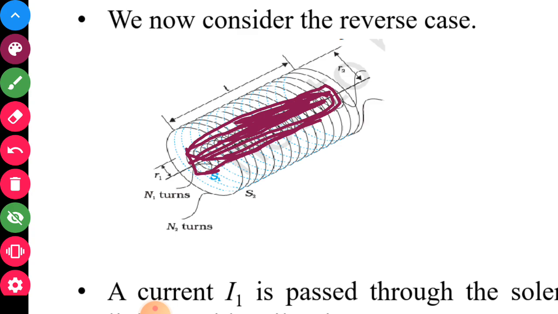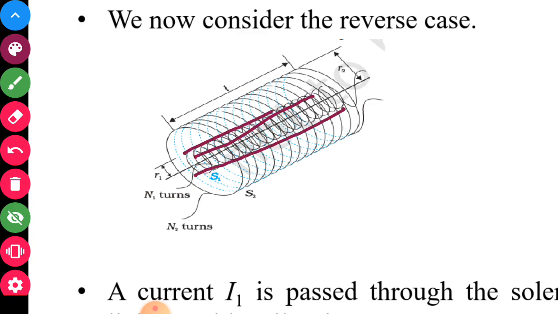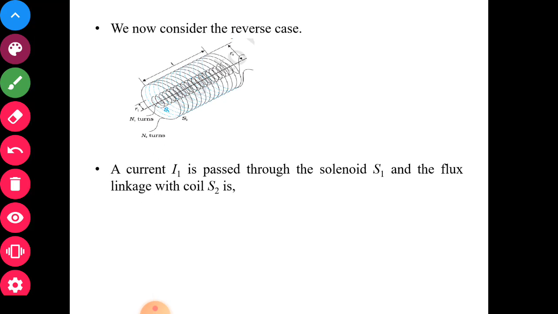The flux associated with the larger solenoid is the flux associated with the smaller solenoid only. Outside here there is no flux, it is inside the solenoid only. That part we have to keep in mind.